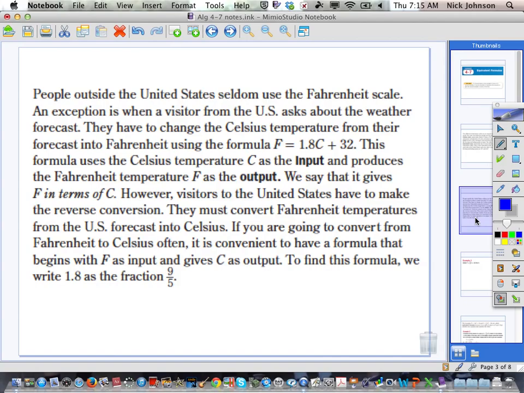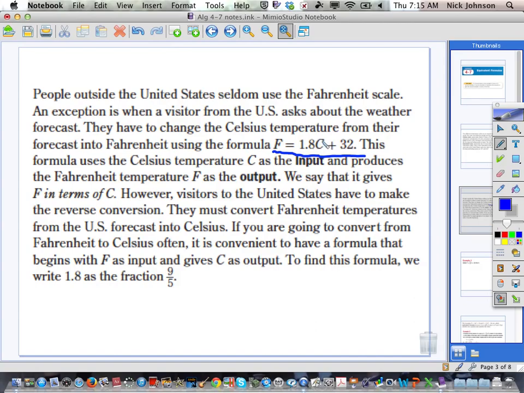They have to change the Celsius temperature from their forecast into Fahrenheit using the formula, and this is a formula, F equals 1.8 times Celsius plus 32. This formula uses Celsius temperature as the input and produces the Fahrenheit temperature, F, as the output.